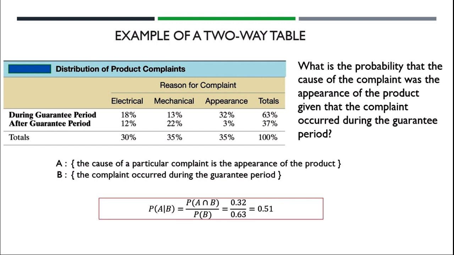We can calculate the conditional probability that the cause of a complaint is appearance, given that the complaint occurred during the guarantee time, as follows. Probability of A and B divided by probability of B equals 0.51.